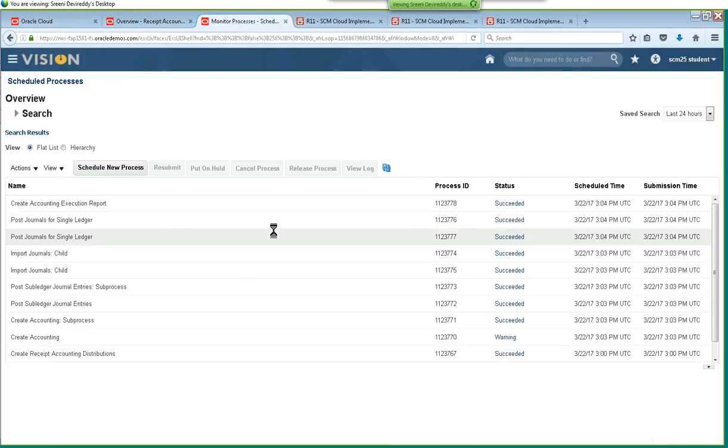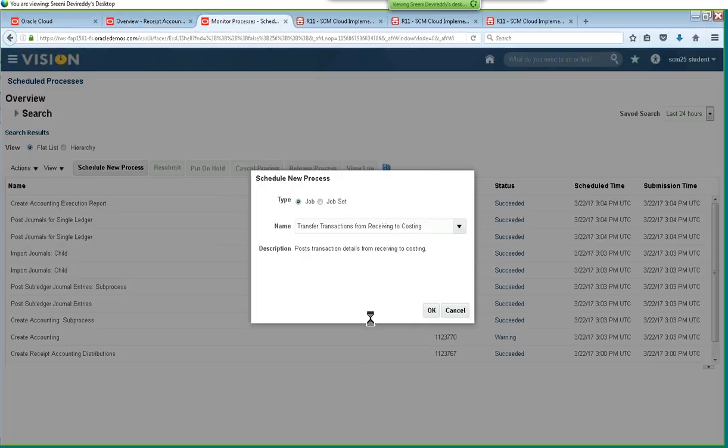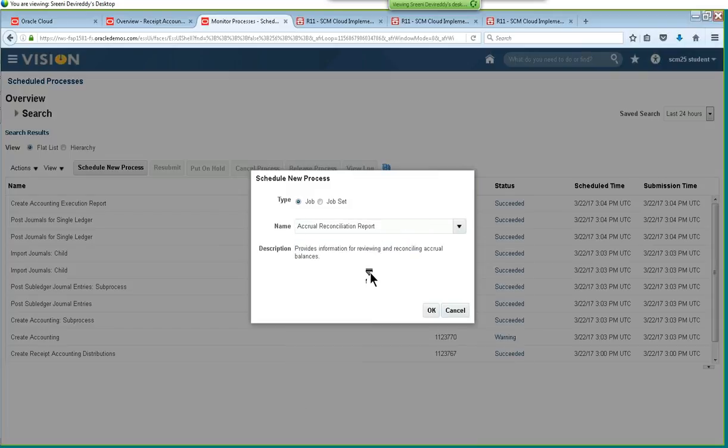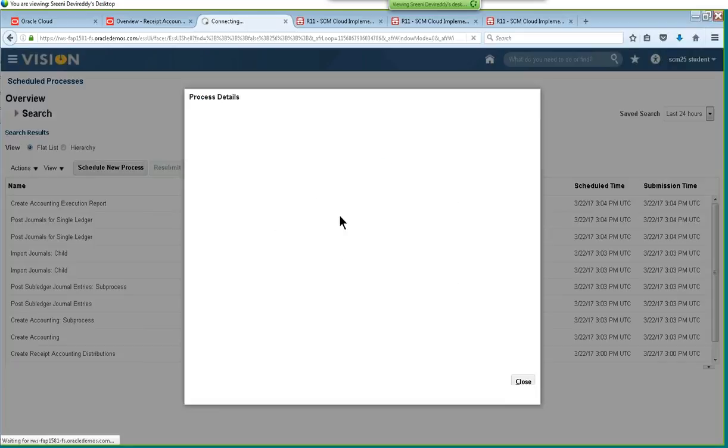Okay, so let's run the reconciliation report. It's there in the monitor process. So I'm going to go here, accrual reconciliation report. I can see it right here. Now let's do it only for our item. I don't want to reconcile all the accounts in the system, so I'll focus on my item and today's date, since all the transactions that we did are on this day. So I limit the reconciliation to only this day and to my item.